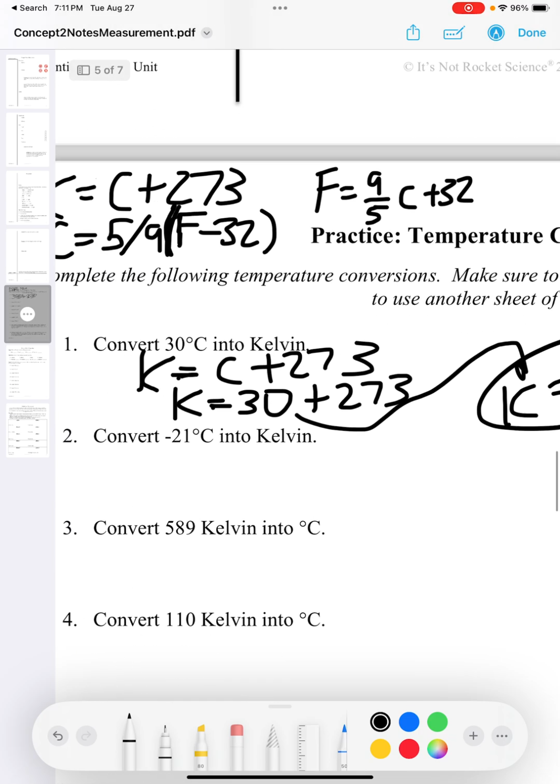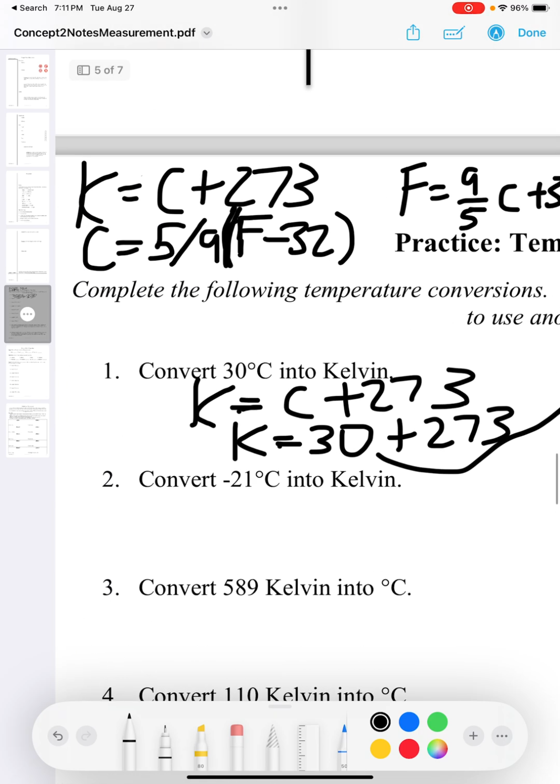Okay, so similar process for the next one. Negative 21 degrees Celsius into Kelvin. Because this is in Celsius, we're gonna put it in for C into our formula, and we're gonna pick the formula that does C to K. So you just have to, again, write down your formula.